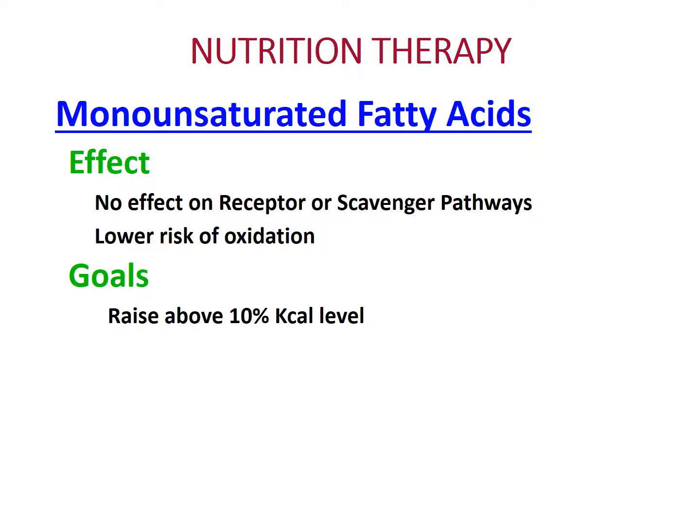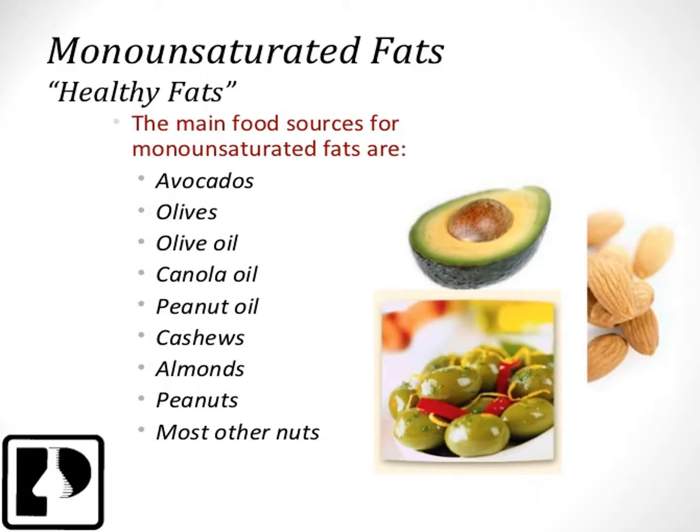Remember, we were going to lower the saturated to 7% or less, and maybe raise the recommendation for mono up to 15 or so, because of their heart-friendliness. Now, they're still 9 calories per gram, so you can't overeat monounsaturates because it will increase the risk for obesity, which we talked about is not a good thing with chronic inflammation and all that.